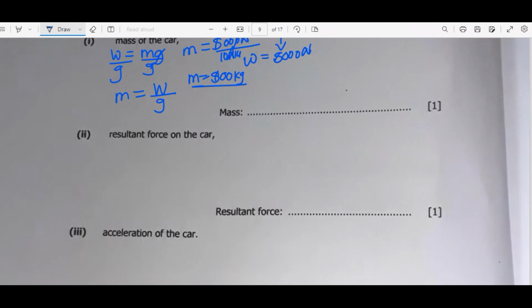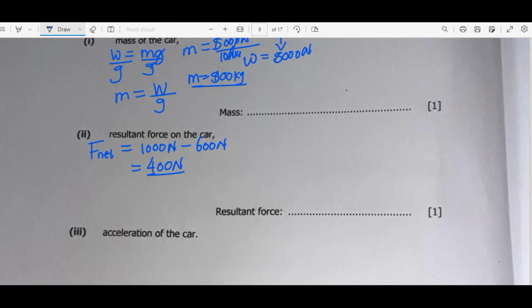So net force is equal to the forward force, 1000 newtons minus 600 newtons, which gives us 400 newtons. So whenever we have a resultant force greater than 0, then the acceleration is there and the velocity is not constant, it's now changing.